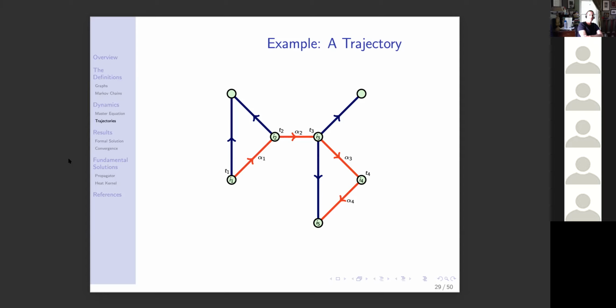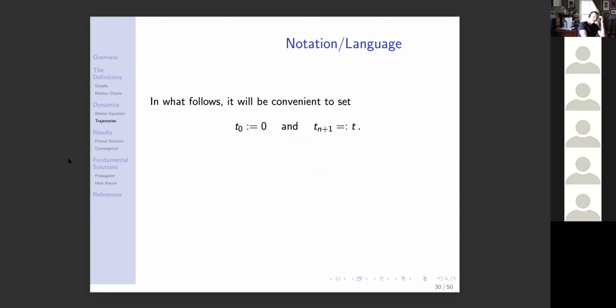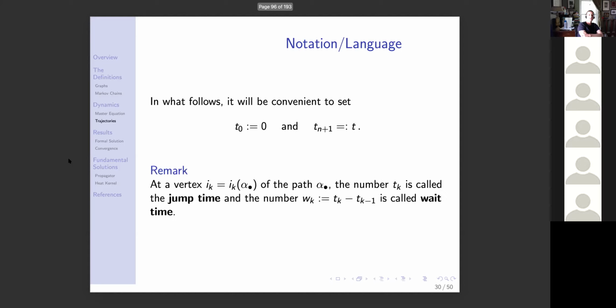T2 represents the jump time of jumping along alpha 2 to vertex I3, and so on. In what follows, it'll be convenient to introduce some additional numbers, T0, which will be 0, and T_{n+1}, which is T. It's convenient notation.